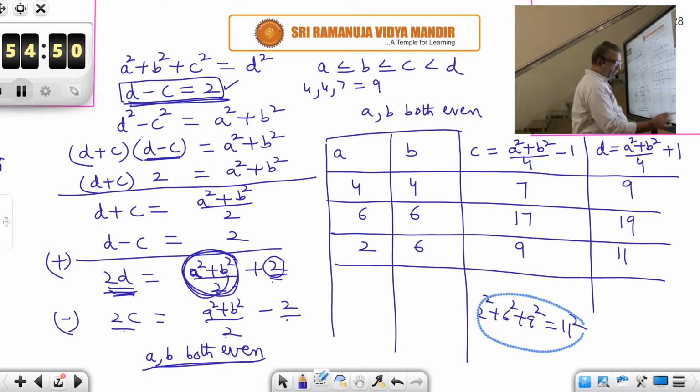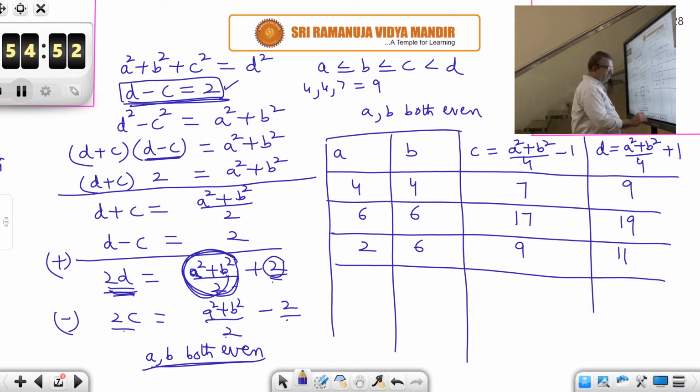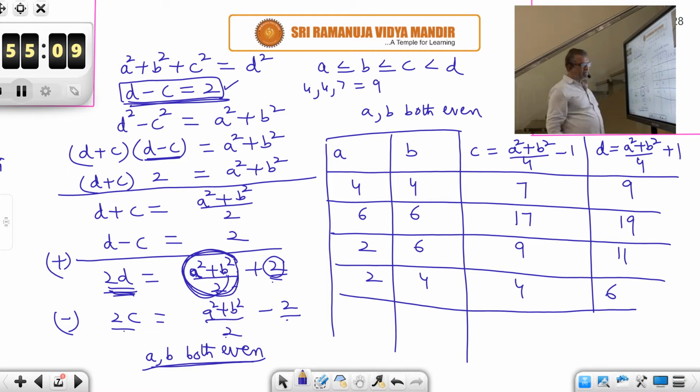Sometimes you may get common factors. See, suppose I take 2, 4. Both are even numbers. 2 square plus 4 square, 20 by 4, 5 minus 1, 4. And 4 plus 2, 6. This is not acceptable because a common factor is there. 2 is a common factor.